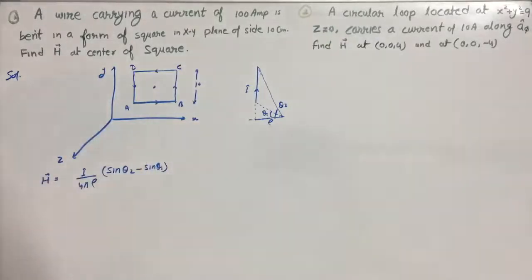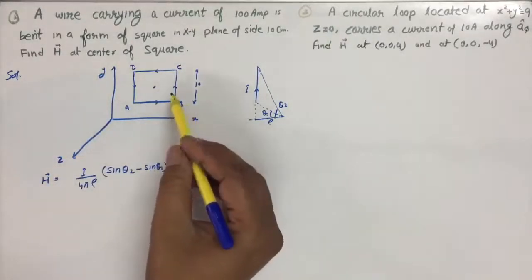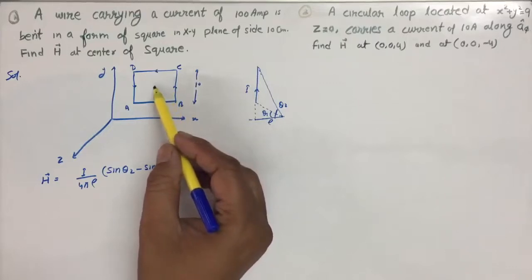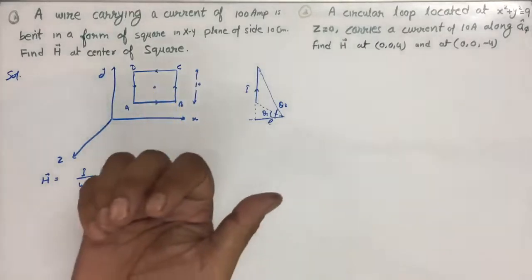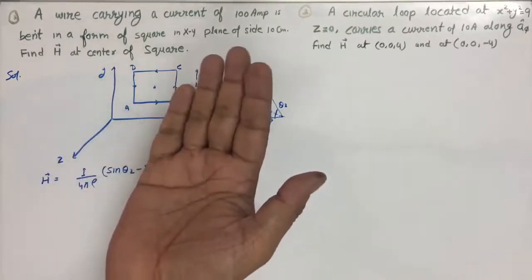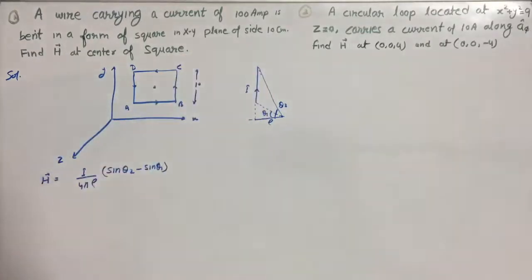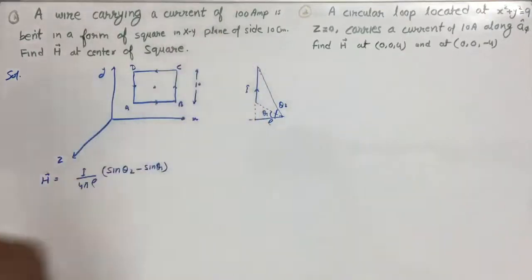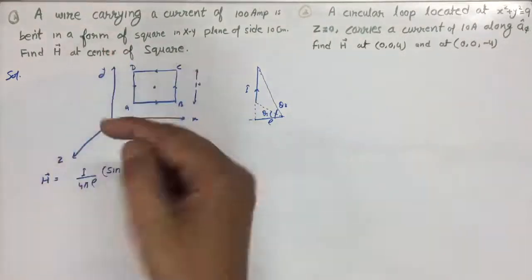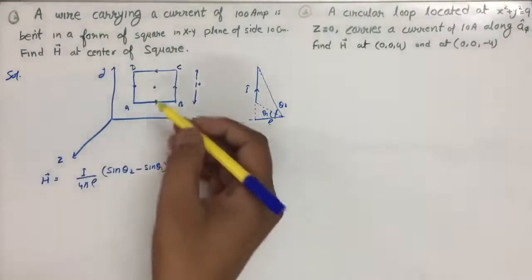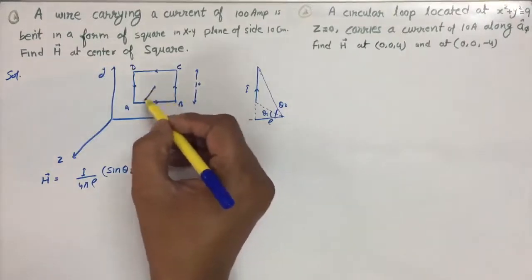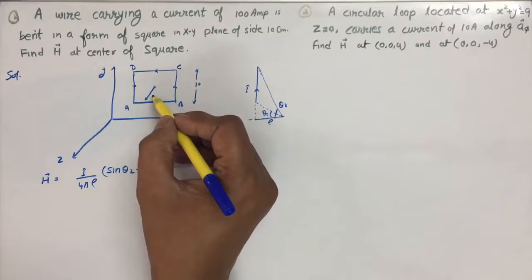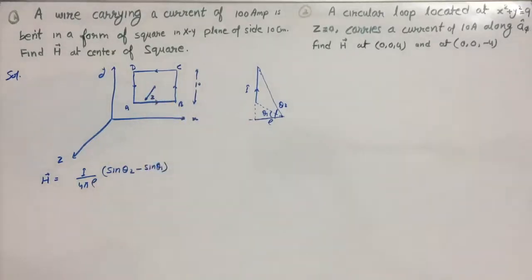If the current is flowing in this direction, we put the thumb in the direction of the current and curl the fingers; the curling direction gives us the direction of the magnetic field intensity. If we put it here, the curling direction is upward. If it is the xy plane, then it will be normal to that, that is the Z direction. So due to this, the field direction will be upward, in the direction of Z.